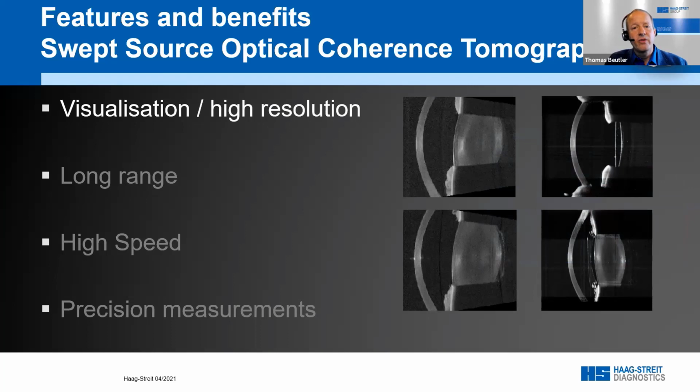We can have visualization of the anterior chamber of the eye in great detail. You see here some example images taken with the Cataract suite, which we are currently launching, of the Eyestar. On the left, we have 2 times phakic eye, what you see before cataract surgery, basically. On the right-hand side, on the top, we have once a pseudophakic patient, so an eye after the implantation of the IOL.